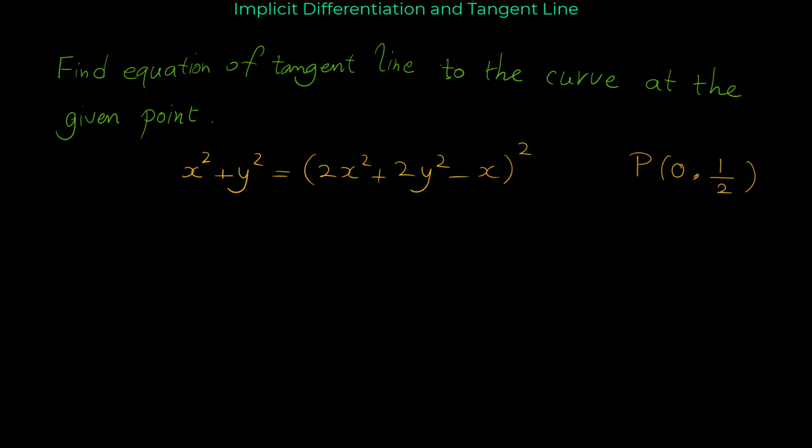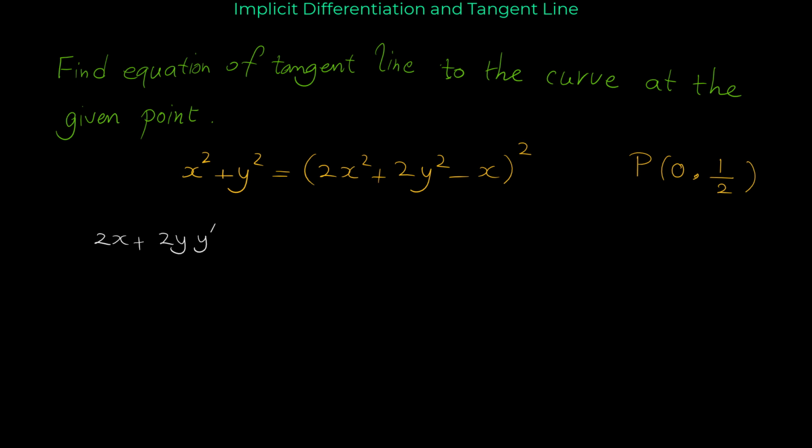What is the derivative of x^2? The derivative of x^2 is 2x. What is the derivative of y^2? 2y y prime. Remember, when we take the derivative of a term involving y, we always have to multiply by y prime because we use the chain rule.